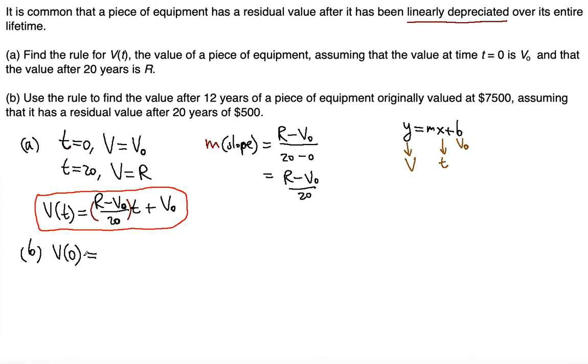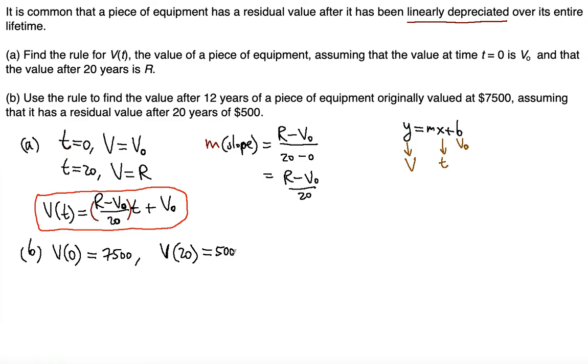So v of 0 was valued at $7,500. Now also v of 20, because it says residual value after 20 years is $500, so v of 20 is given as $500.